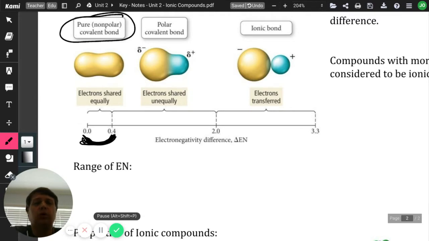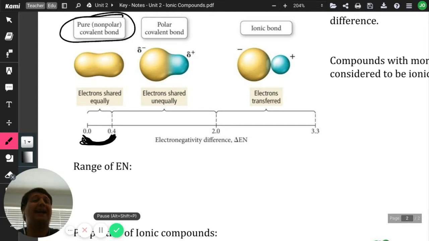If we've got a polar covalent bond, that means those electrons are starting to be pulled closer to one side over the other. And since they're pulled closer to one side, you're going to start to get some positive and negative charges on either end, slightly positive and slightly negative. Now this goes up to technically about 1.69 for our polar covalent bonds.